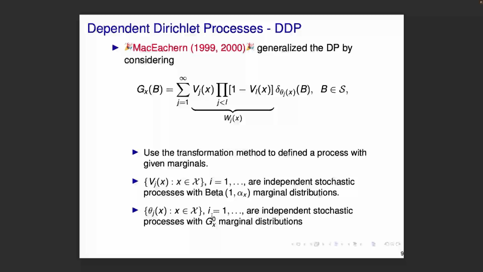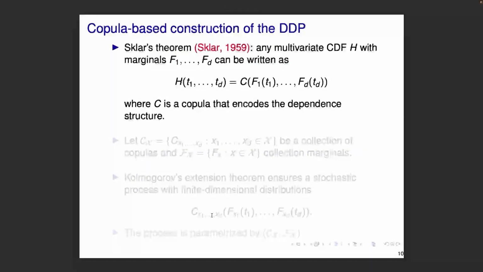And through this new formulation, we are able to identify conditions that gave us this idea of having a large support. So in order to introduce this idea, we need to first talk a little bit about copulas.